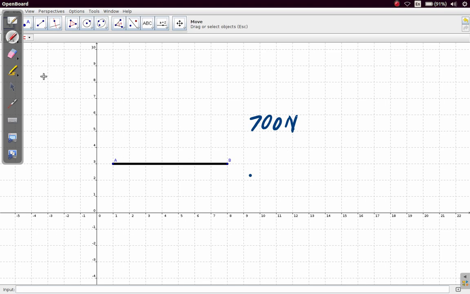Now, here I have my force in newtons, and I want to represent 700 newtons. This is 1, 2, 3, 4, 5, 6, 7. Imagine this is a graph paper with each of these units, each of these lengths between here and here, 1 centimeter. The scale that I would use is 1 cm represents 100 newtons.